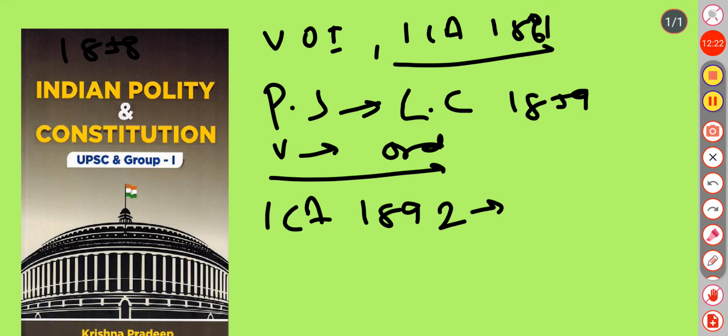So there is the Morley-Minto reforms, and the Indian Councils Act 1909. So the size of the provincial legislative councils was enlarged by including elected non-official members, so that the official majority was gone, right?